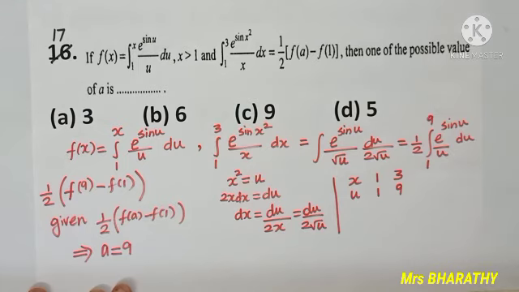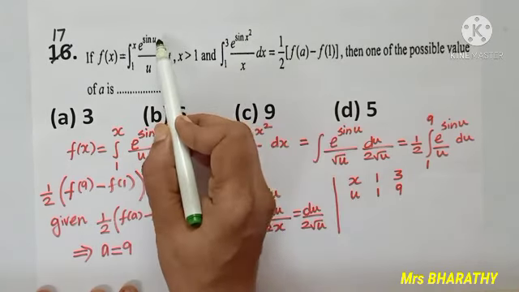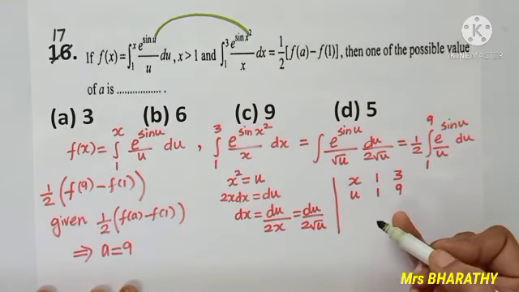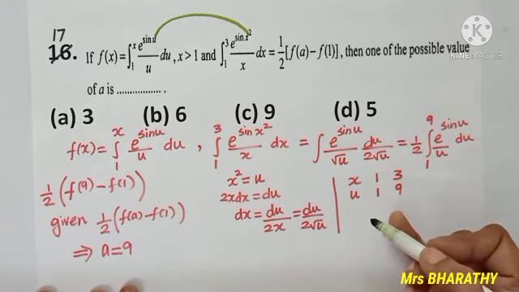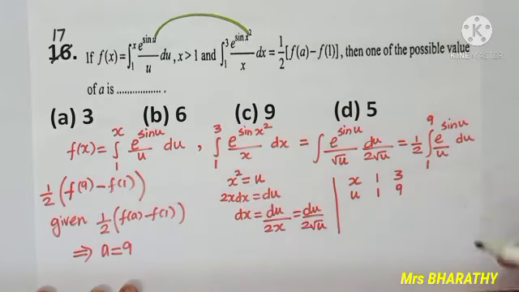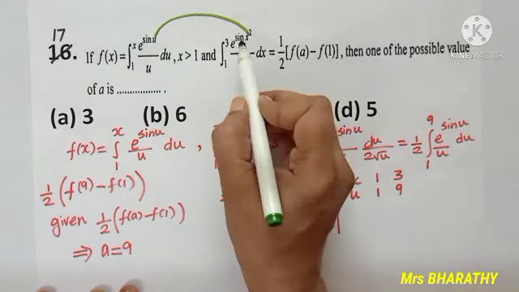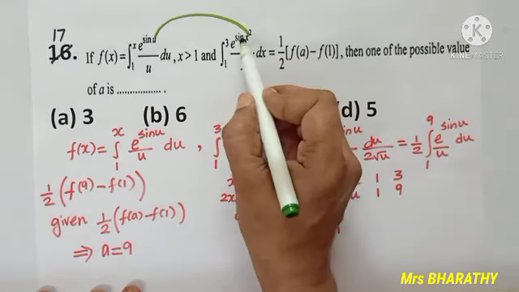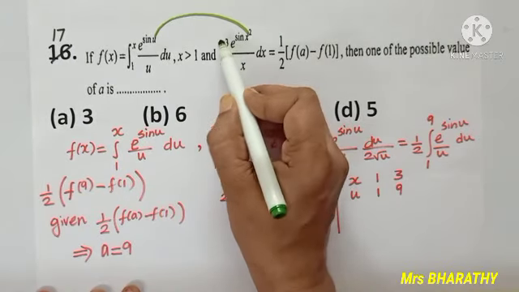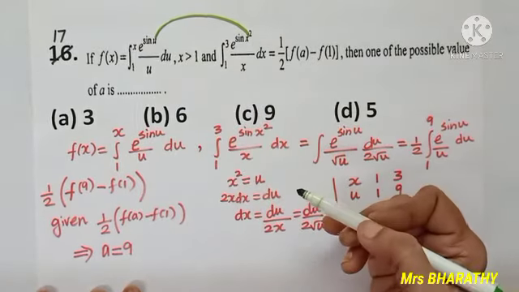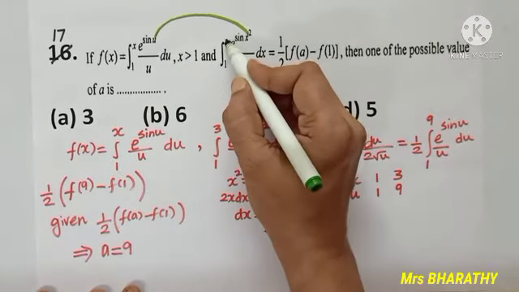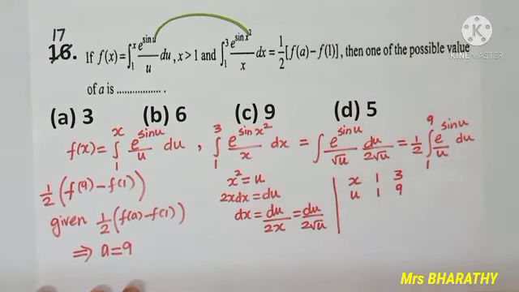In another way, I can also say x square is treated as u, because this is multiple choice, you can simply think without doing all these calculations. X square comes here whereas u comes here. If x range is 3, u will be square of that, that is 3 square, which gives me 9.